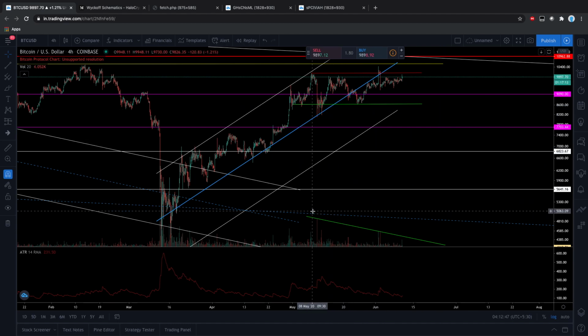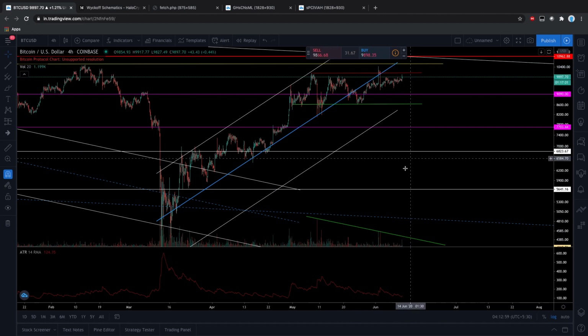Suppose you can see the volume has been declining since we entered this range. And even at the breakout, most of the times you will not have a volume breakout here. So what happens is you will receive a volume breakout around the retest of either region.